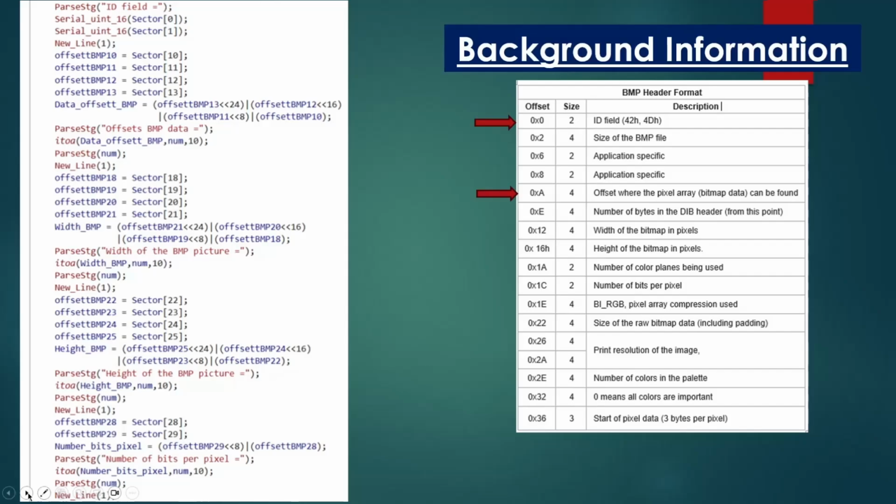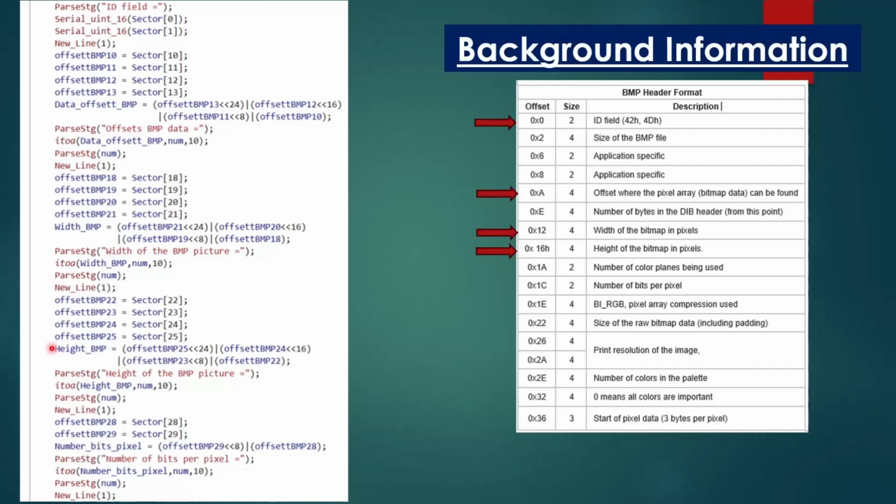Next, we get the width of our picture, and then we're also going to get the height. We get the width by concatenating the bytes in our sector 18, 19, 20, and 21 from the least significant to the most significant. Putting that together, that's the width.